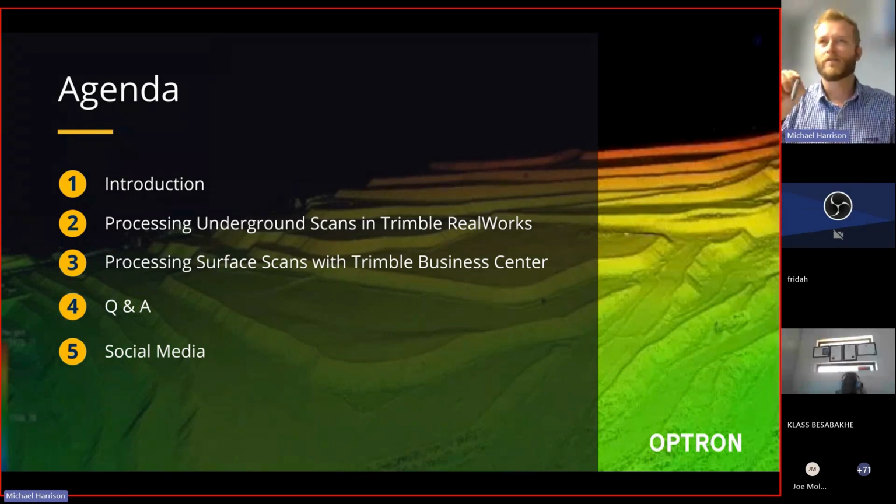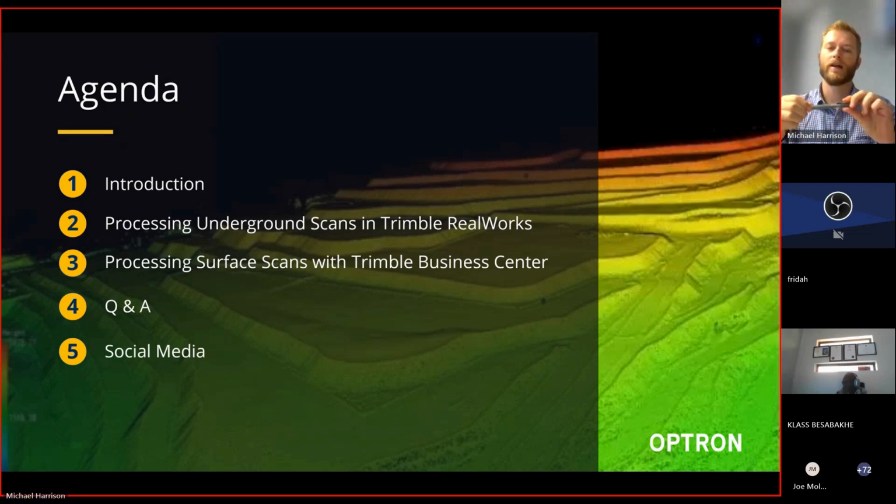Generally, georeferencing happens in a different software. Obviously, Trimble RealWorks is fully capable of georeferencing any scan data, whether above ground, underground, any form of data. If you have features that are identifiable with real world coordinates, you can very easily georeference them. But in our scenario today, we're going to assume that we're working on a local coordinate system for our scan.